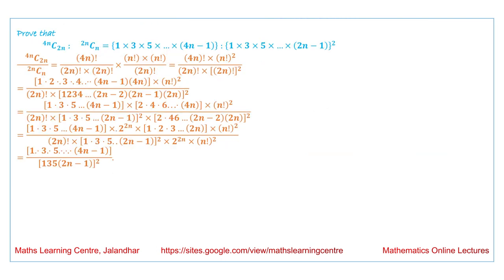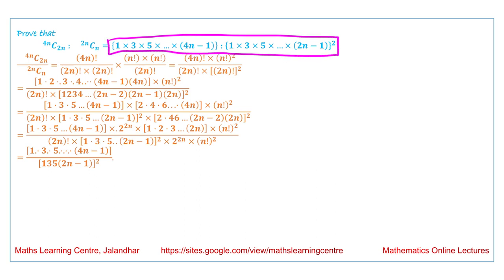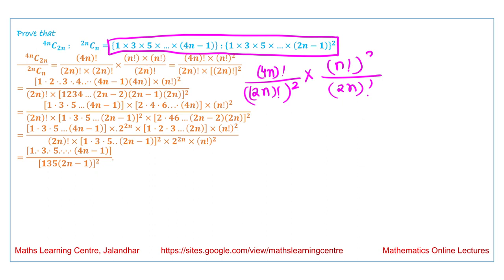Next is prove that the ratio of 4nC2n to 4nCn is equal to this value. So if we write the terms corresponding to both, 4nC2n is (4n)! divided by ((2n)!)², and then into, the next term, 2nCn, it is (2n)! into (n!)².